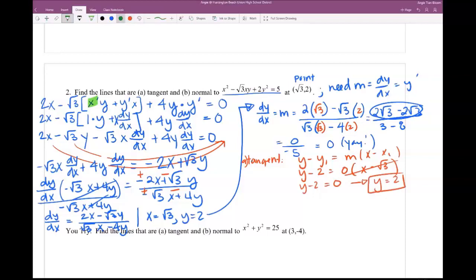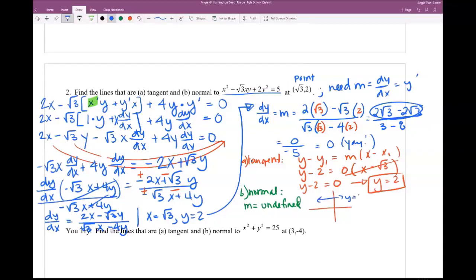Now, part B says normal. Normal means the slope is opposite and reciprocal. The reciprocal of 0 is undefined, so I'm not going to have a slope. But when you have a tangent line of y equals 2, this is what it looks like.